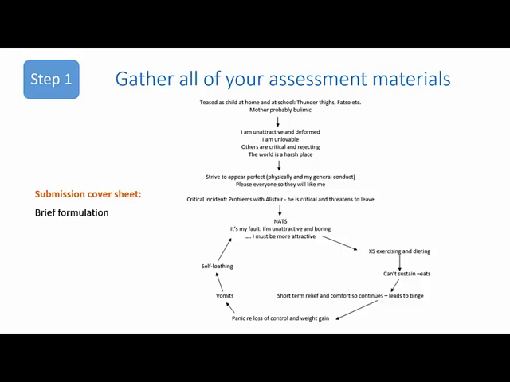Within the submission cover sheet we can also see a brief formulation, and here is a diagrammatic formulation that the therapist is working with the client to help understand and formulate the problem that she's presenting with.